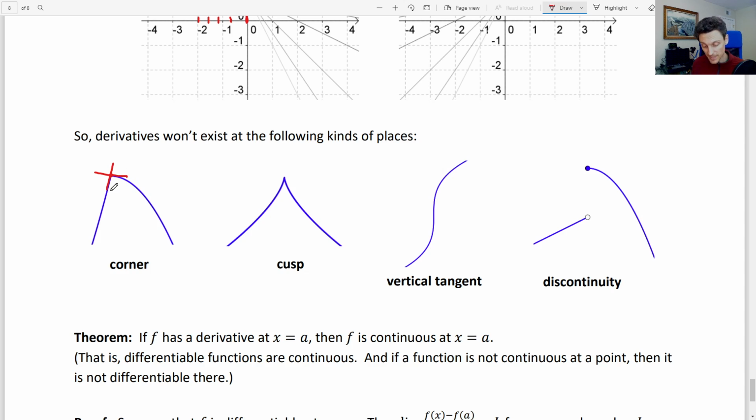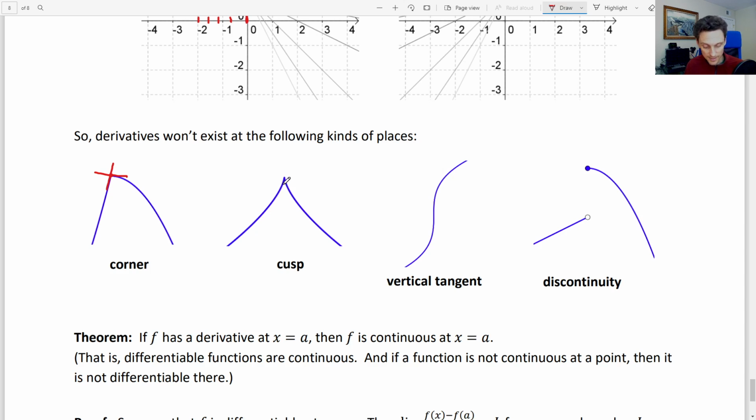And what this is representing is that the left-hand derivative, which is coming in from the left, has a positive value, but the right-hand derivative coming in from the right has some kind of negative value. The main thing is these two values are just not the same at all. And so because the left and the right-hand limits don't agree, the regular limit as h approaches 0 does not exist, and so the derivative does not exist at that corner.